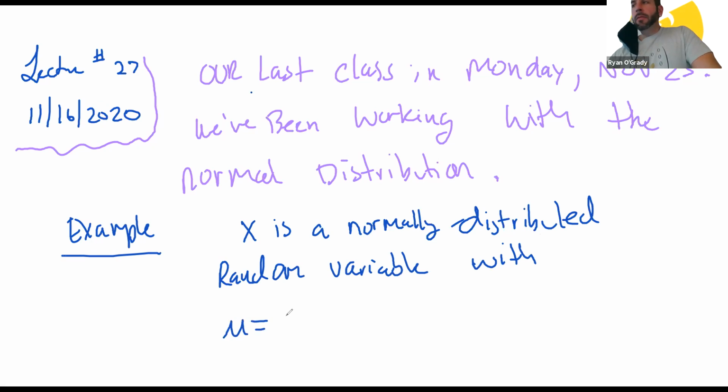Let's say the mean is, how about 28? And let's say its standard deviation is, I don't know, how about 6.3?